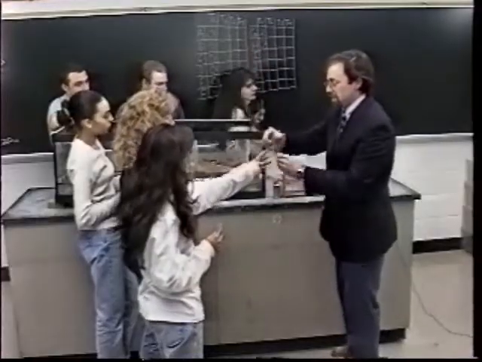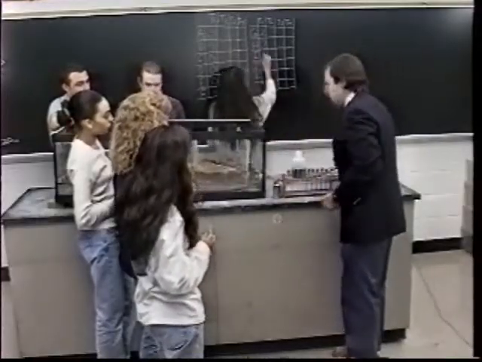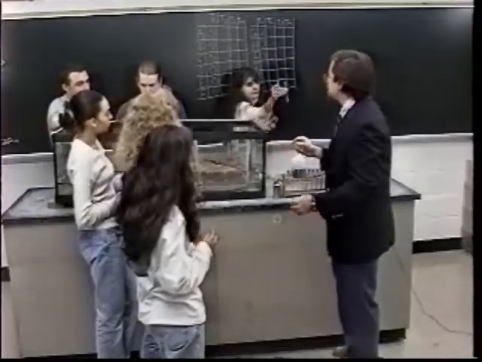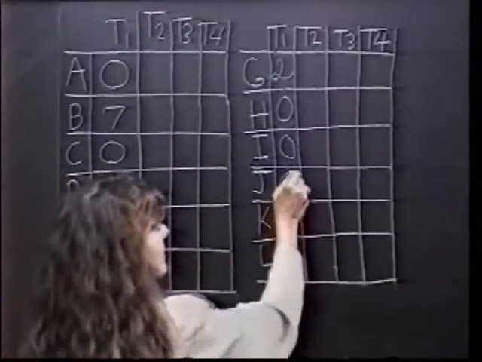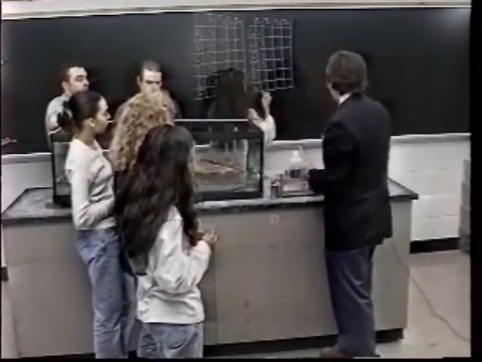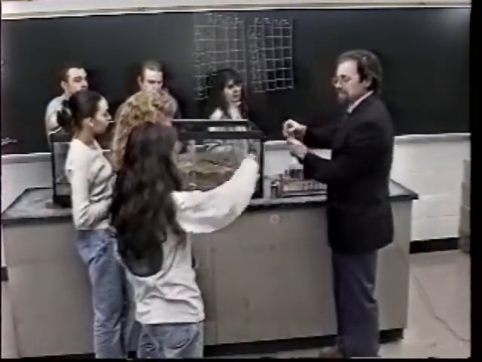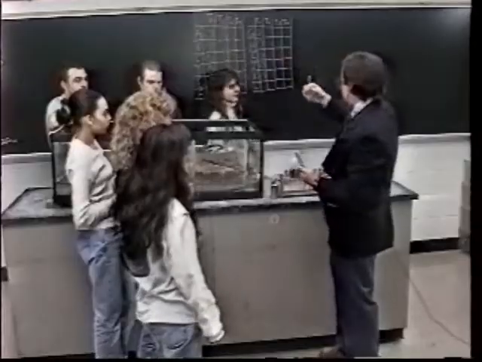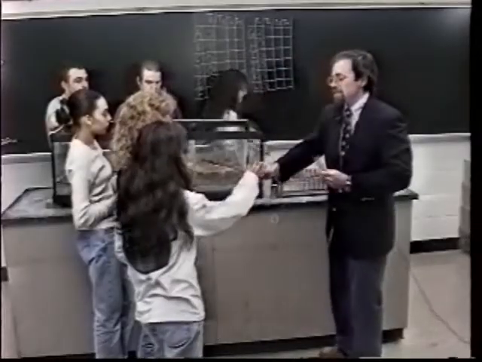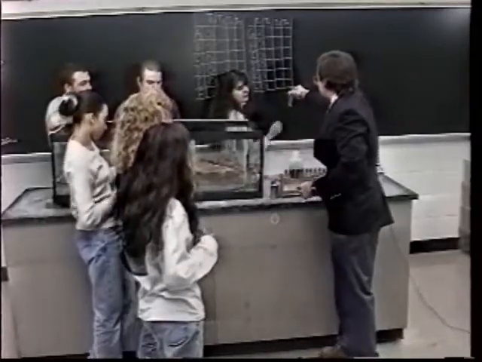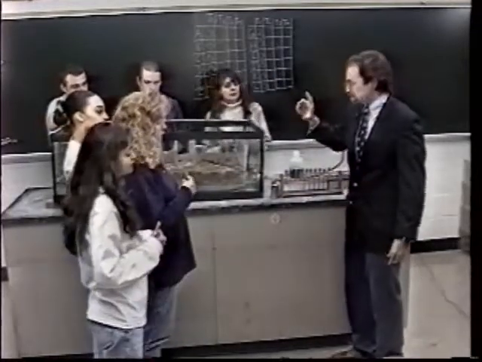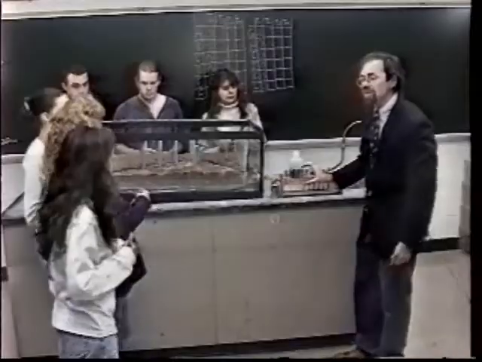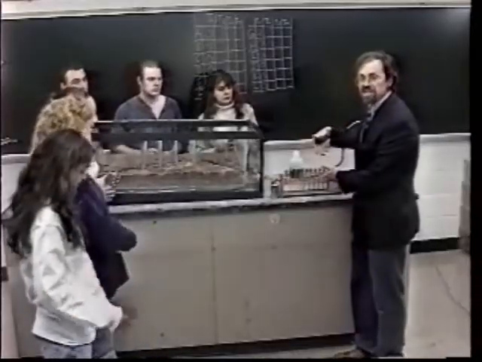I is 0. J is 0. K, 0. L is 0. There you are. Normally students would come around and do that same process themselves by correlating the color by the tone that we have on these charts.